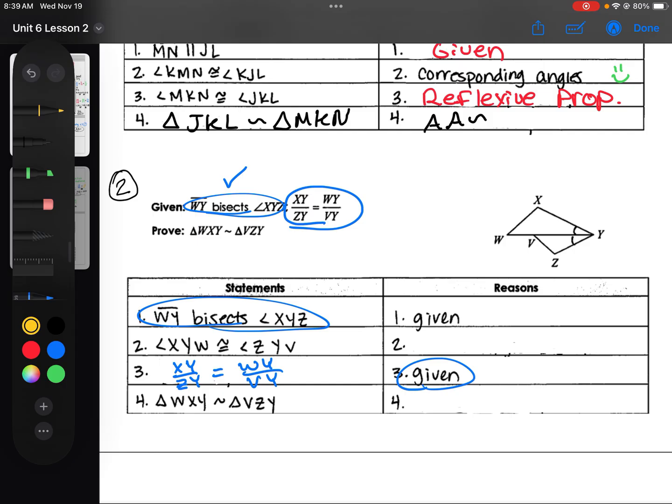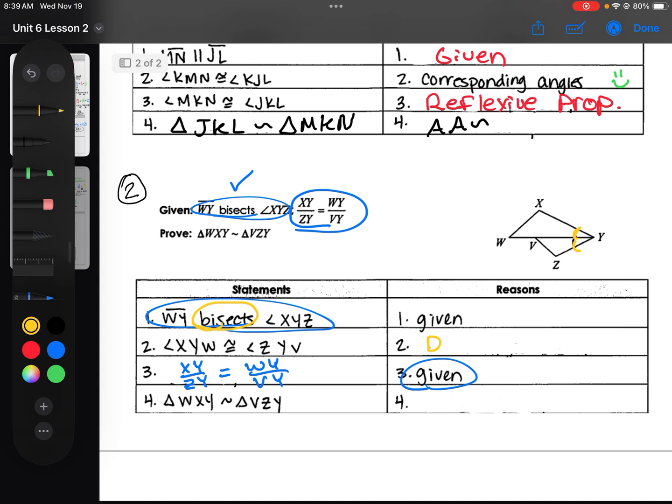So let's trace them out and see where they are. XYW is right here, and angle ZYV is right underneath of it. Why are they congruent to each other? Well, I got to look at the given information above it. So a bisector is going to cut 2 angles into 2 equal pieces. So this is going to be a definition of bisector. More specifically, an angle bisector.